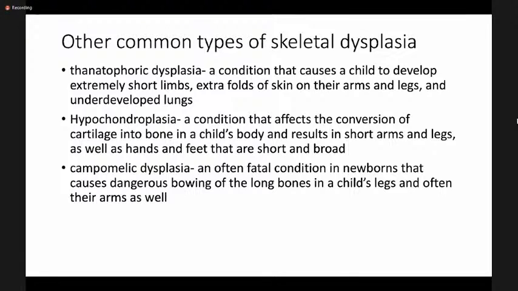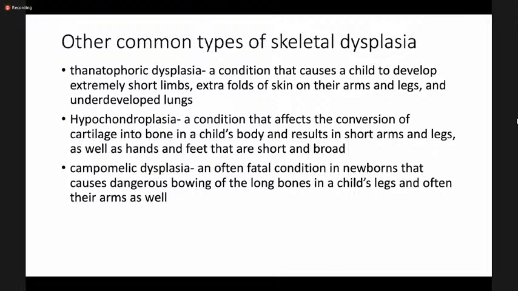Then there is hypochondroplasia. And this is a condition that affects the conversion of cartilage into bone in a child's body and results in short arms and legs, as well as the hands and feet. They are short and they are broad.